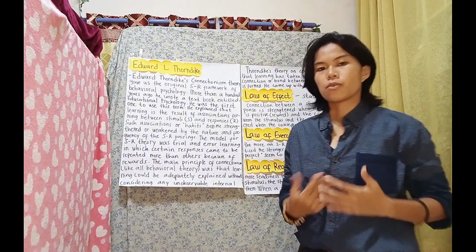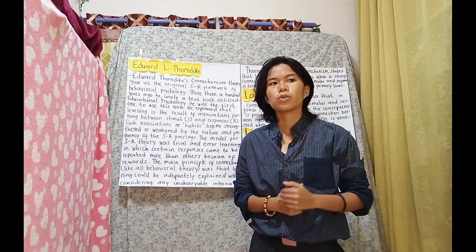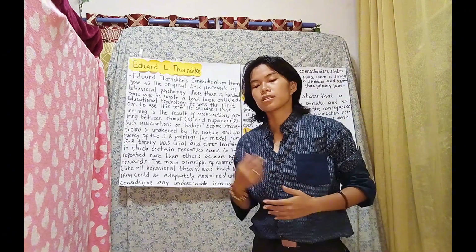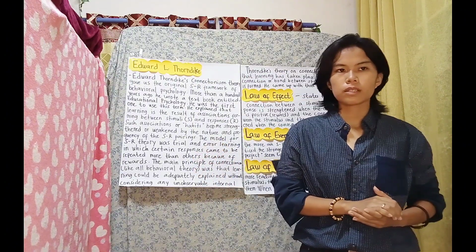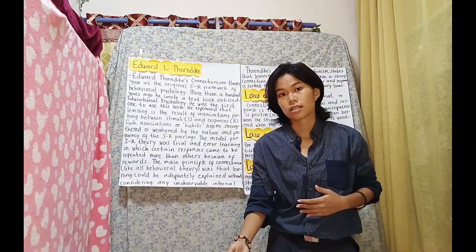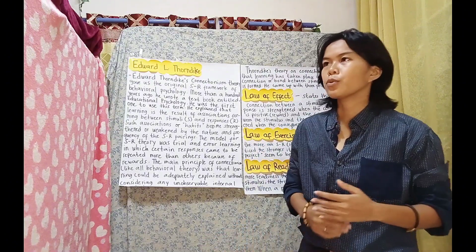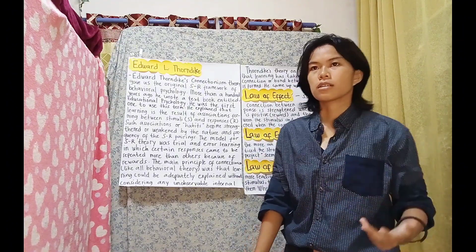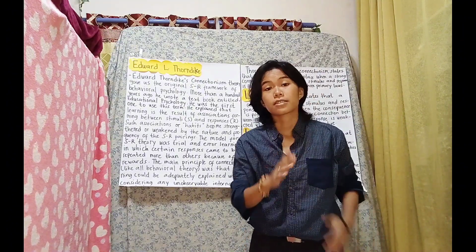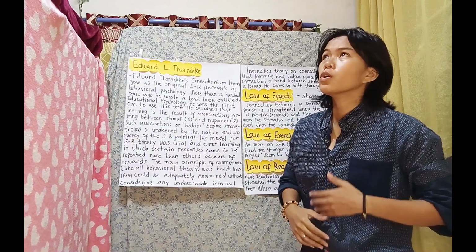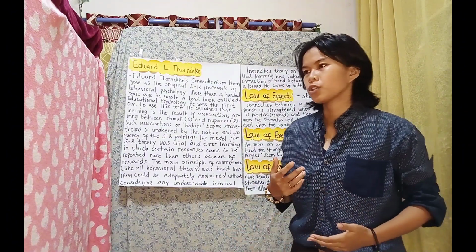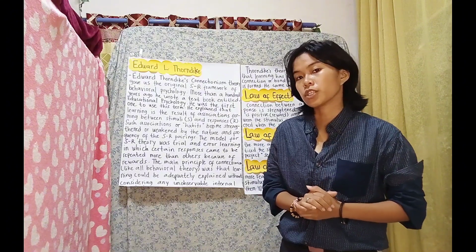For example, when you are teaching a dog to sit using this theory, when you say sit, that is the stimulus, and when the dog sits down, that is the response. When the dog responds, you immediately give the dog a treat or reward.